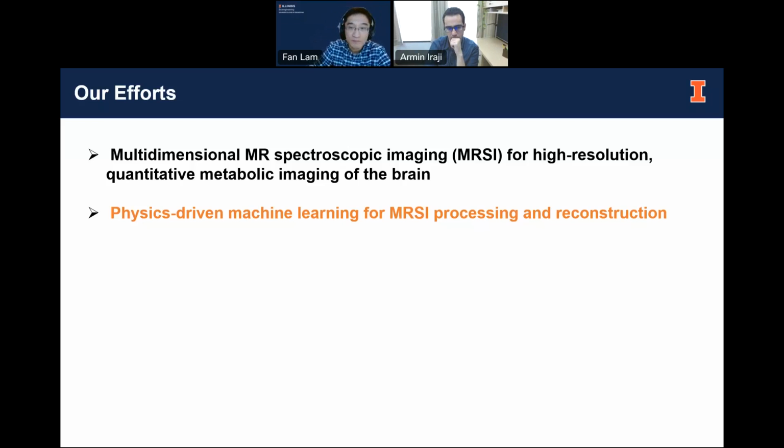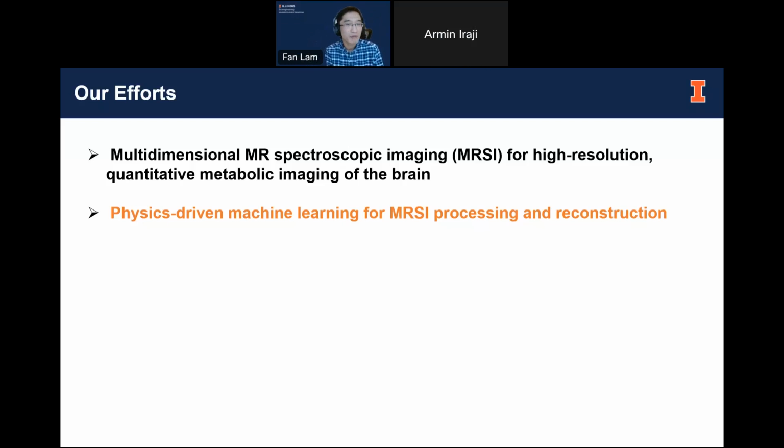Yeah. So for the interest of time, I would like to finish the rest of the slides. And this is related to what I have been talking about. The second front is how we can better integrate physics-based modeling and data-driven machine learning for enhanced MRI processing and reconstruction.